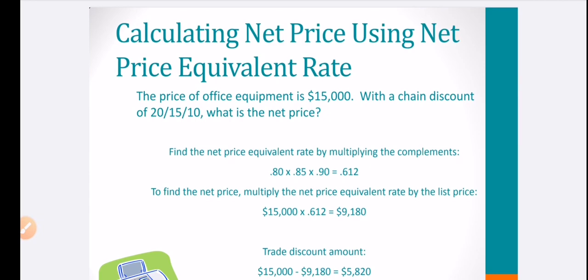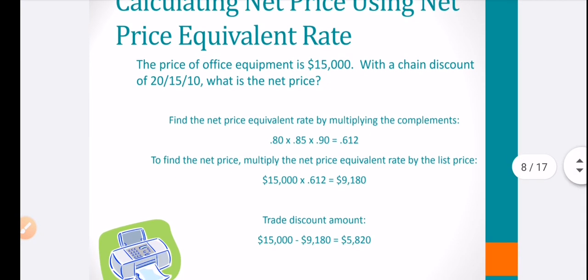We take this value and multiply it by the original list price, which is 15,000, and then we directly get 9,180. Very fast. If we want to know how much the discount is after this chain discount, simply it is 15,000. Now I pay 9,180, so we deduct this from that, and then we get 5,820.